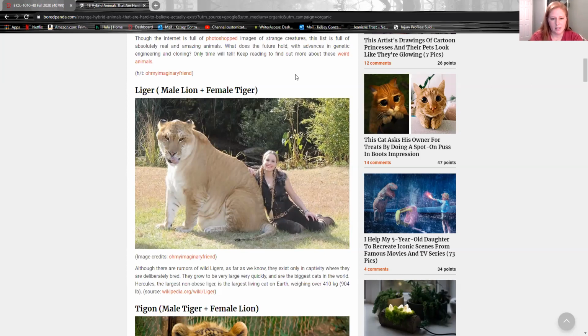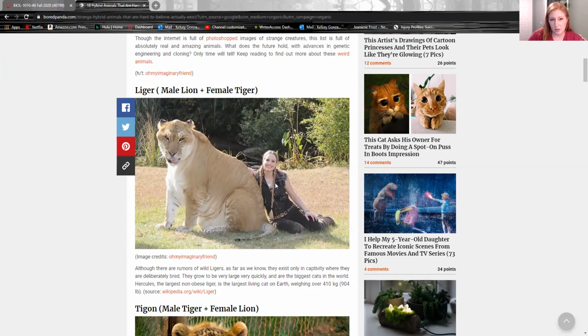The reason that they get so big is because female lions have a gene that inhibits the growth so that male lions only get so big. But when the female lion isn't bred with the male, that gene for growth was uninhibited in the male lion. And so they can get massive, and they do get massive because that gene isn't present in a tiger.